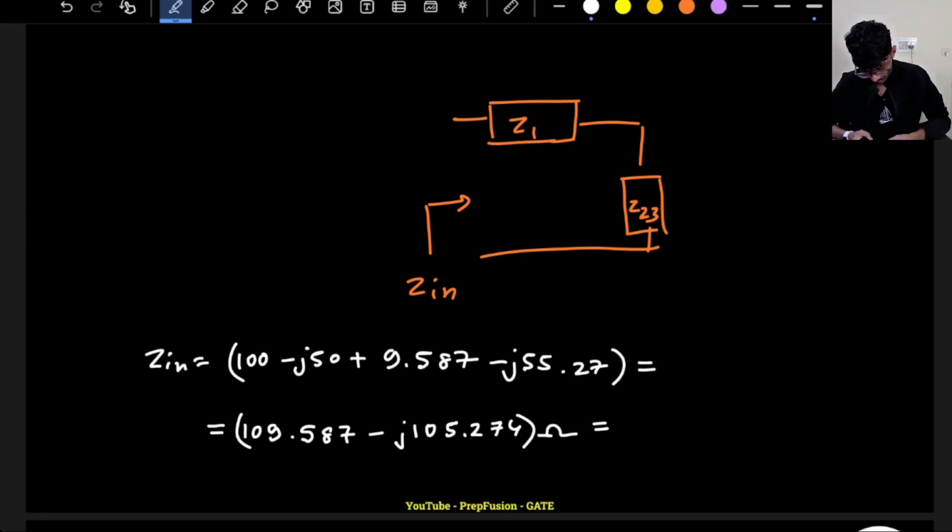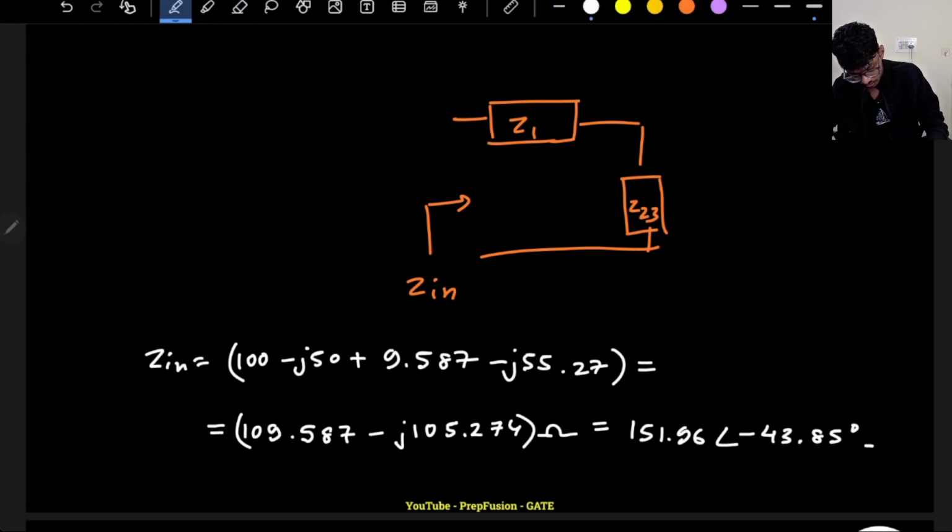This will be the square root of 109.587 squared plus 105.274 squared, 151.96. The angle: this is lying in the fourth quadrant, so the angle will simply be negative, tan inverse of 105.274 divided by 109.587, so minus 43.85 degrees. So this will be your answer. If in rectangular you write this, if in polar you write this.